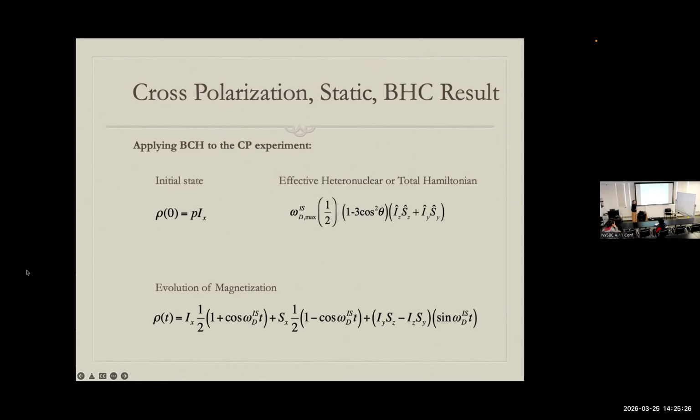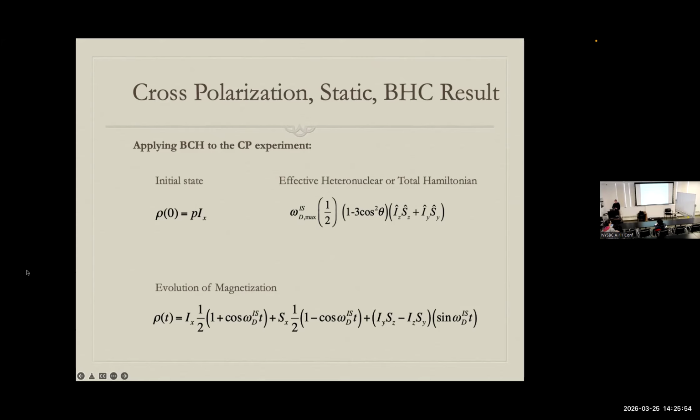It's not necessarily observable. It's like an antiphase, something or other. Or I'm sorry, a double or zero quantum, something or other. So you're going between IX and SX, and sometimes in a hidden type of coherence. Okay, that's what the Baker-Campbell-Hausdorff tells you.